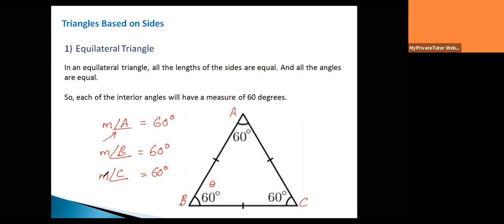So m stands for measure. You can see in the definition line here, the measure of 60 degrees means the measure of angle A is 60 degrees, the measure of angle B, and the measure of angle C. I hope you guys understand this one. So going forward, this helps.